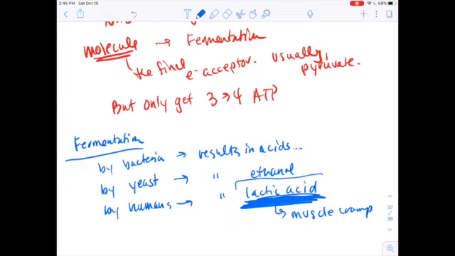So when you get a bunch of acid building up on your muscle proteins, those muscle proteins will denature a little bit and start to lose their shape, and they get as hard as a rock, and you can't run anymore. You can't run until you can rid those cells of lactic acid and get them some more ATP.